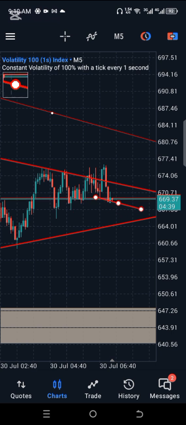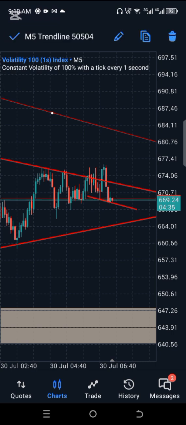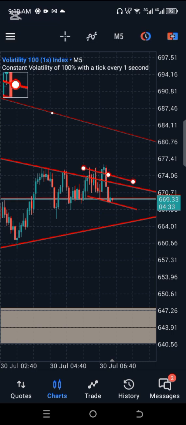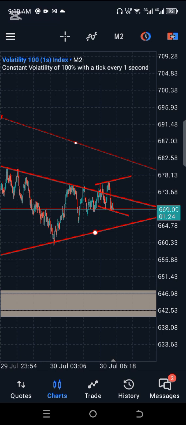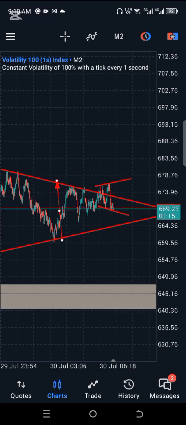I think what might happen here is that it creates like a Quasimodo. Looking at this, because it's just fair value gaps here, I don't know if it's really gonna respect this area, because this is where I'm expecting it to come down from.